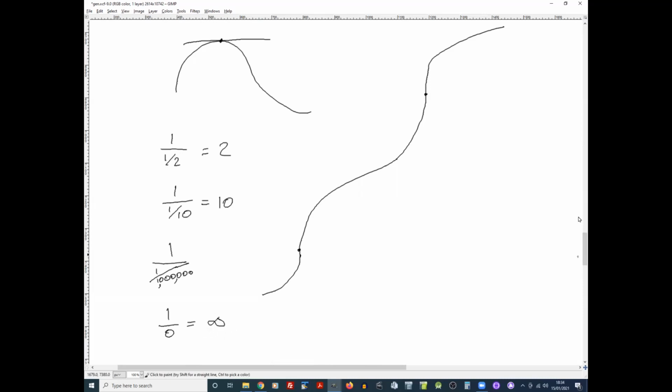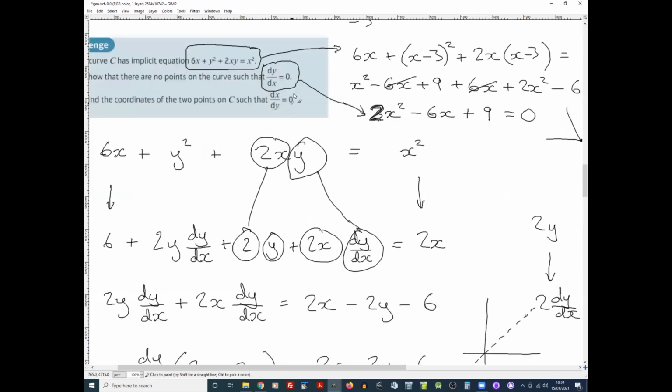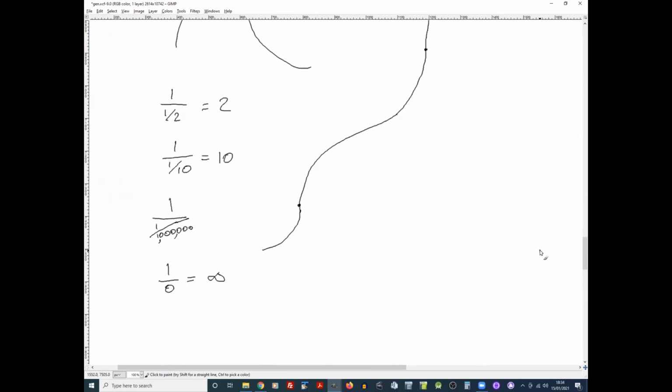We can say that the point on the graph is vertical at that point. We're just not allowed to evaluate the gradient function, because it would have to evaluate to infinity, which we just don't allow. Right, okay, cool.